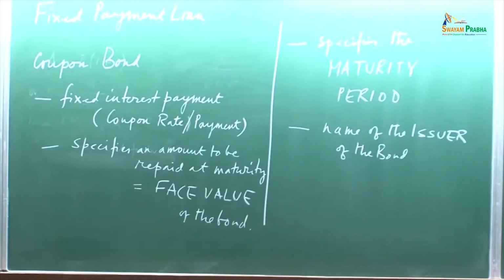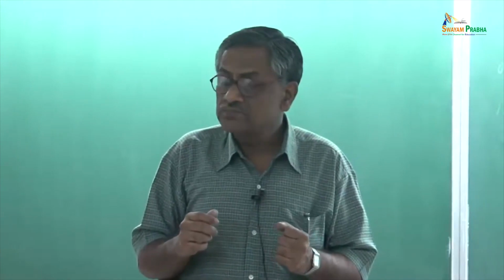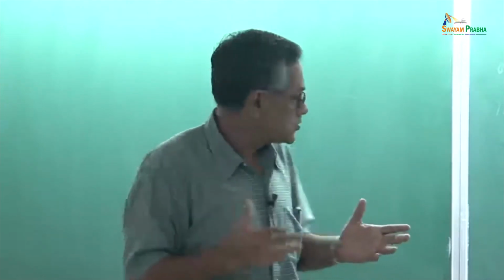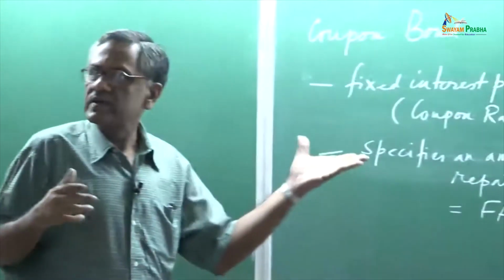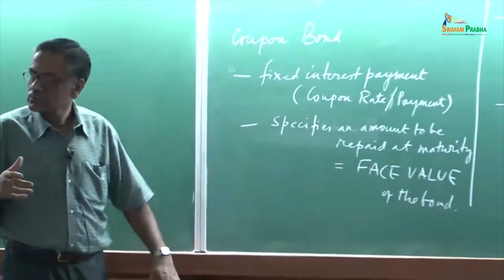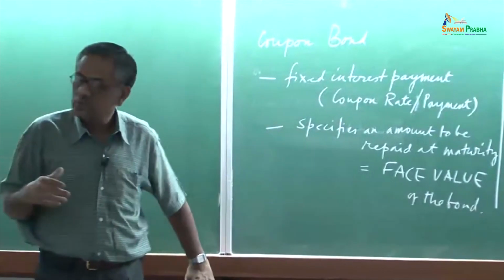It mentions the coupon rate, that it promises annually 10% interest income on the face value. So on a 1,000 rupee bond you will get 100 rupees every year. It mentions the maturity period, how long it is, and at maturity it is understood that the face value of the bond will be given to you.